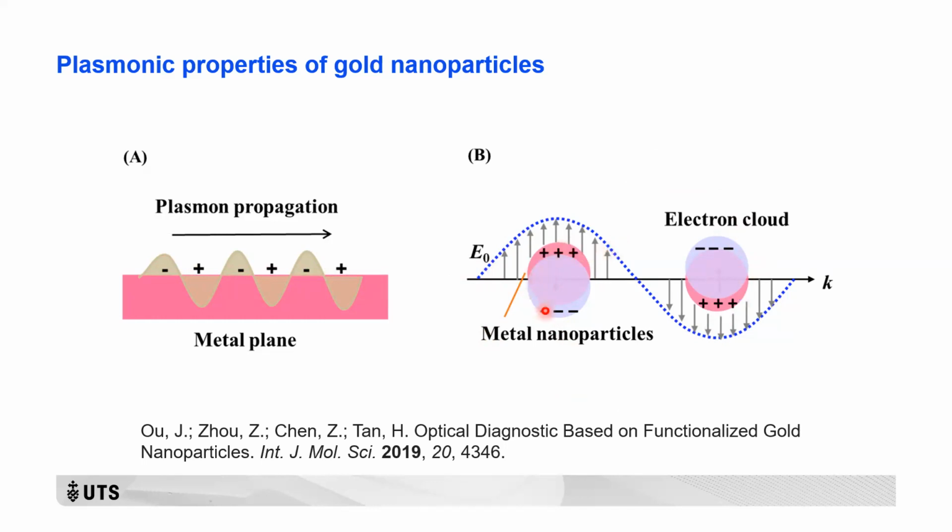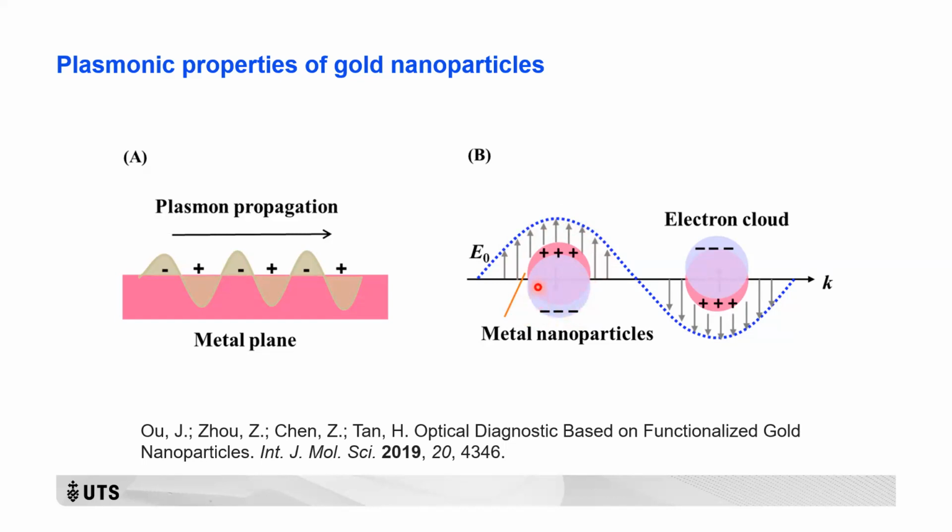So what does that mean? When the light excites the nanoparticle, free electrons are generated, and these free electrons are called surface plasmon, okay? And this surface plasmon is very sensitive to any material that's surrounding the surface, okay?